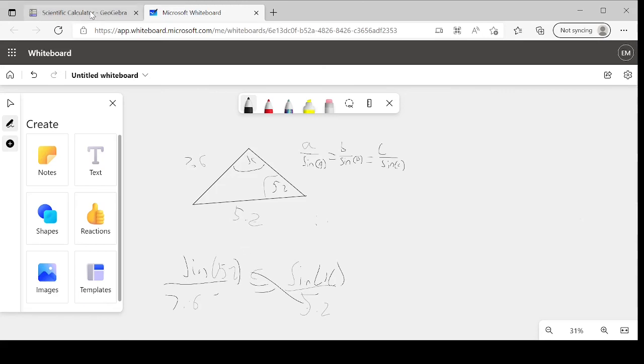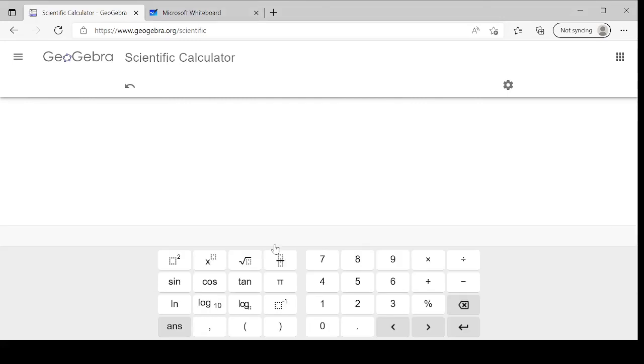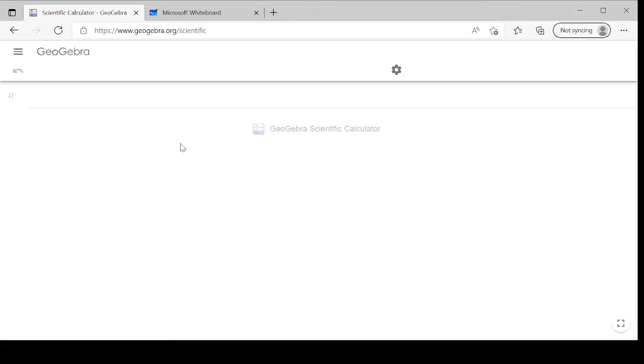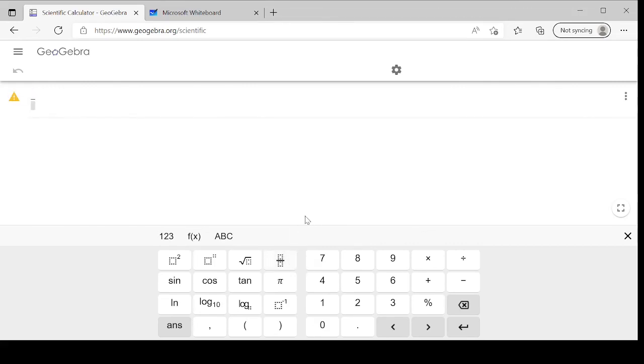So we now go over to our calculator and we go sine 52, and we know that that multiplied by 5.2 and divided by 7.6 is equal to the sine of x.